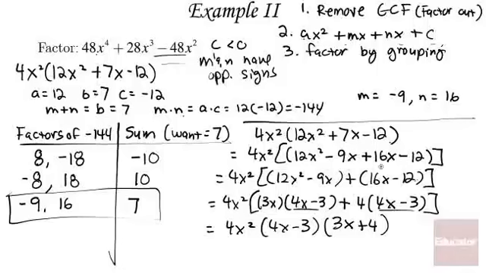Once I had that, I could solve by factoring by grouping. I grouped my first 2 terms and my second 2 terms, found the greatest common factor for each. Once I got to this step, I saw I had a common binomial factor of 4x minus 3, which I then factored out to get my final answer of the factored form of this original trinomial.